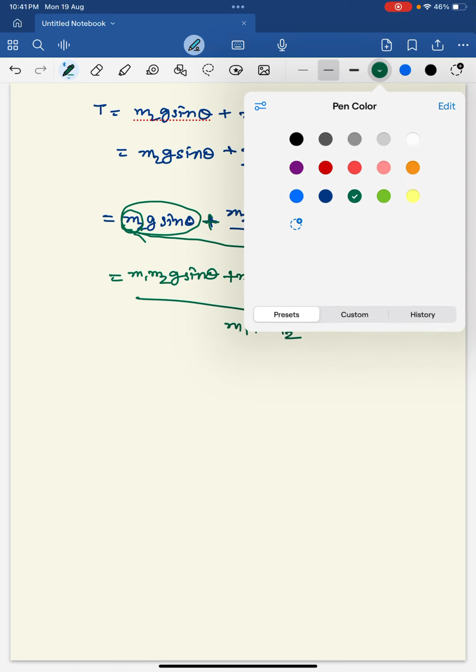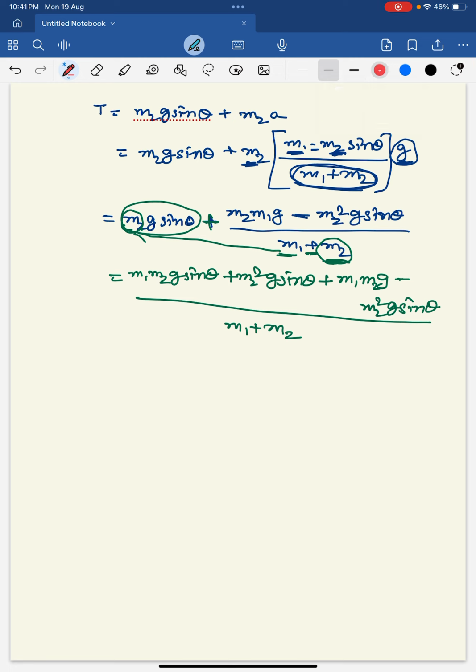So look at this equation carefully. This plus m2 square g sin theta and this minus m2 square g sin theta cancel. The rest of the equation is m1 m2 g sin theta plus m1 m2 g, divided by m1 plus m2. Okay, so what is the common term here? m1 m2 is the common term, right?